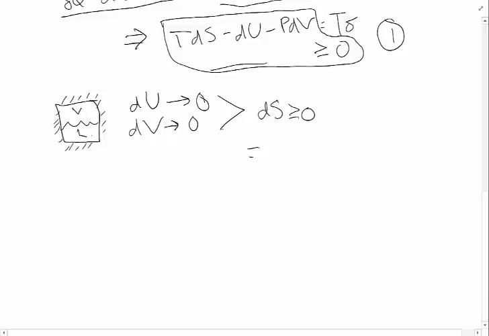So what that means is that vapor will form until entropy hits some maximum value.